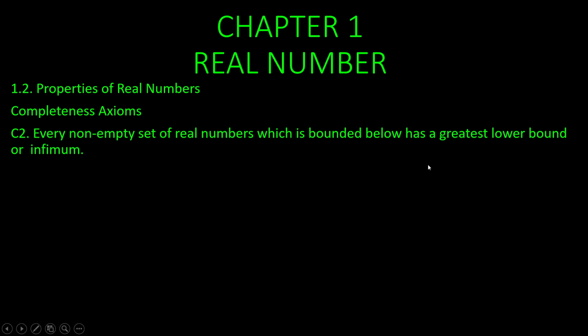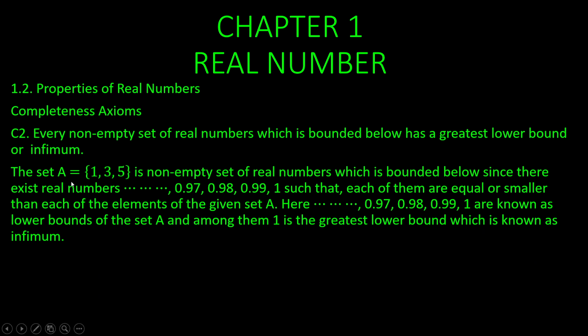I am going to talk about the second completeness axiom. The second completeness axiom is: every non-empty set of real numbers which is bounded below has a greatest lower bound or infimum. We consider the same set here, and it is a non-empty set, and we can consider some real numbers here which are equal or smaller than each of the elements of the given set.